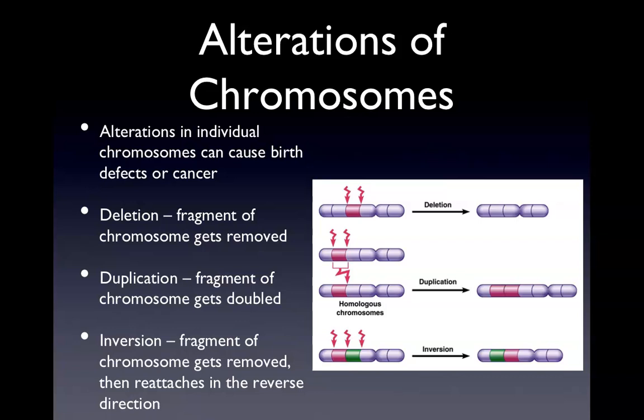We can also have changes to the chromosome structure itself. So here's one chromosome, all right, here's another, and we can have these different possibilities. A lot of these alterations to an individual chromosome cause some sort of birth defect, or we see them showing up in cancers. Okay, so deletion simply means we take a section and now I've got less.